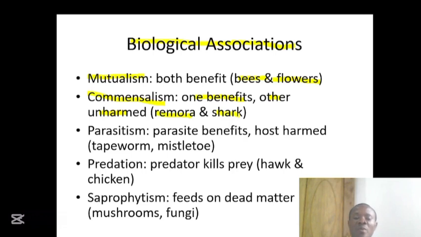The remora will most often attach to the shark or stay closer to it. So anytime the shark feeds on its food, the remora will feed on the remains of what the shark has eaten. So the remora is benefiting, but it is not harming the shark by any means.